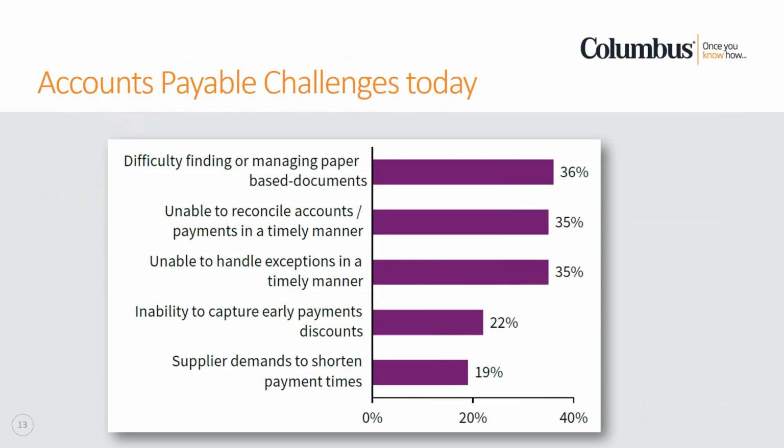Also, difficulty reconciling accounts and payments in a timely manner, and being unable to handle exceptions in a timely manner. All three of those are significant drivers. And also on that list, as we've talked about before, are the inability to capture early payment discounts and steady pressure from suppliers to shorten payment times.